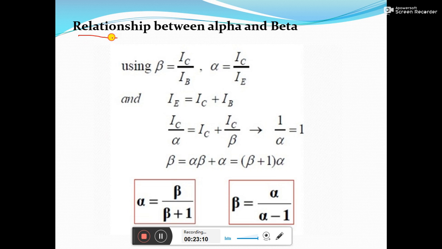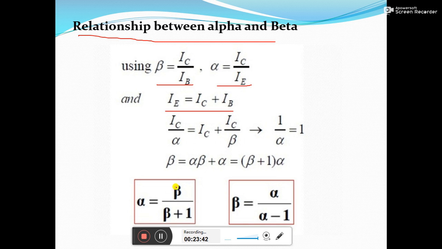Next, we will be dealing with the relationship between the current amplification factors in different configurations, that is alpha and beta as well as gamma. These are very simple. I hope you can study them. IE is given by IC plus IB, and beta is the current amplification factor in CE configuration, and alpha is the current amplification factor in CB configuration.